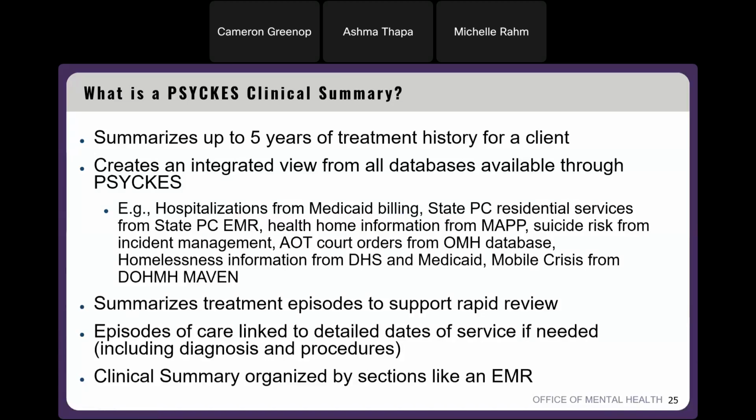We have health home information from DOH MAP, suicide risk from incident management, AOT court orders from OMH database, homelessness information from DHS and Medicaid, mobile crisis from DOH, MH, Maven. So we have all these data sources that are coming into PSYCKES, and Clinical Summary integrates all of this information in a very user-friendly format.